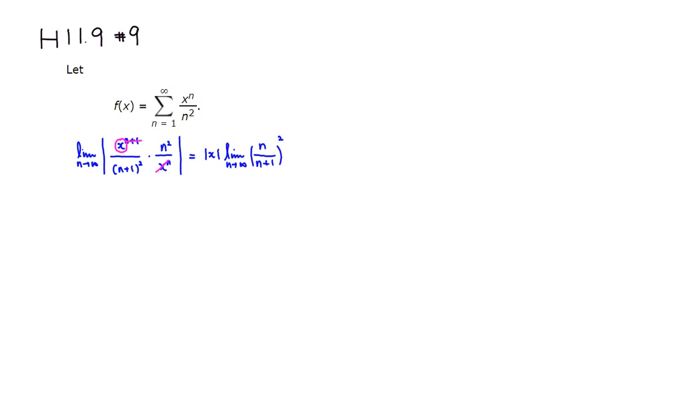So I'm going to squeeze this limit inside the square first. So I'm going to have absolute value of x times, and we have to square that later, the limit as n approaches infinity of n over n plus 1.